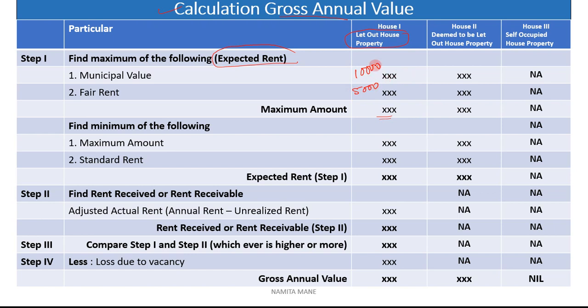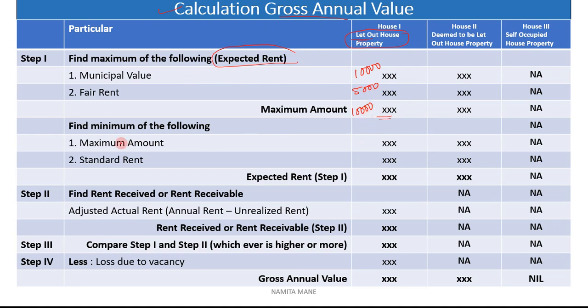From these two values, which is maximum? 10,000 is maximum. I am giving this example for let out house property. Municipal value is more, so that is the maximum amount.